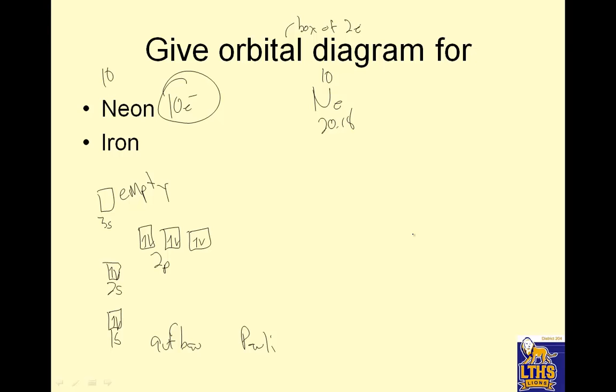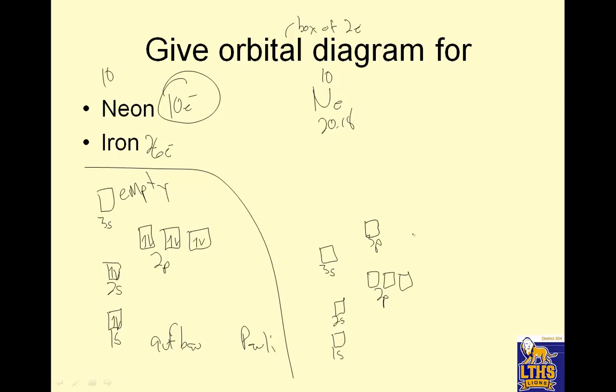If I were to do iron, looking at the periodic table, iron has 26 electrons. That's a lot more. Again, it'll start the same. 1s, box. 2s, box. 2p, because it holds 6, box, box, box. 3s, box. 3p, box, box, box. 4s, box. 3d comes next.